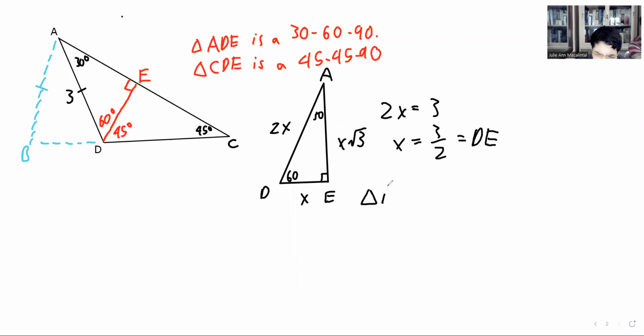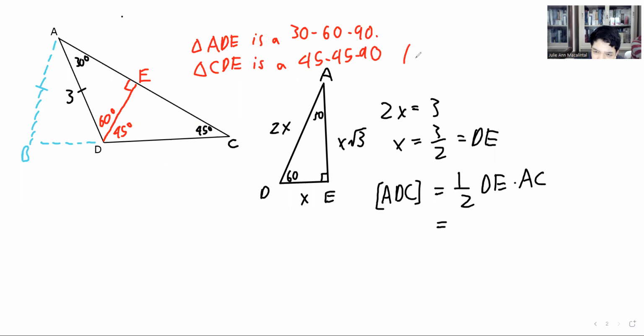Okay. Triangle ADC. Oh, not just triangle ADC, it's actually the area of ADC. It is 1/2 DE times AC, from the basic 1/2 base times height. You can put that on the side.